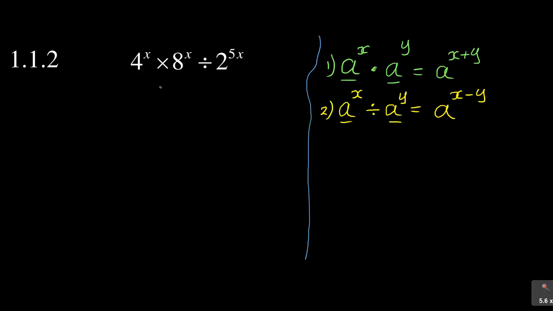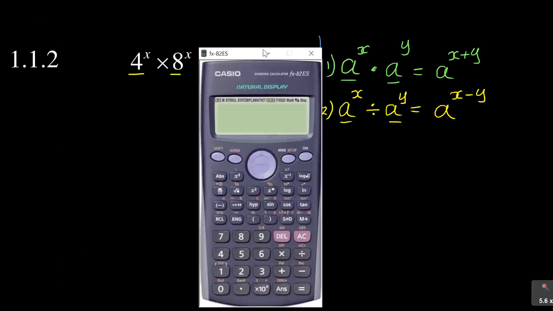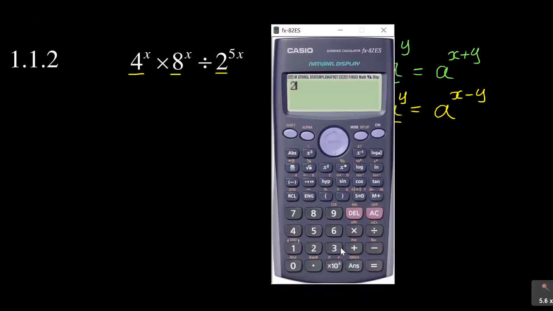So when I look at the question that I'm given, 4, I'm given 8, and I'm given 2. Now it is very important for you to understand how 4, 8, and 2 can be expressed in a similar way. Now if I take my calculator, you can see that for me to get 4, I can say 2 times 2, which is 4.